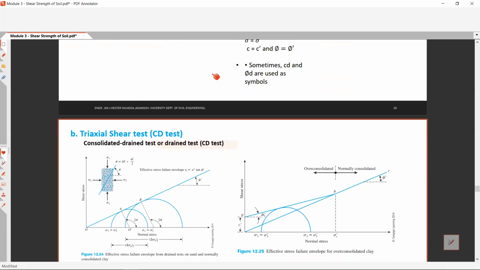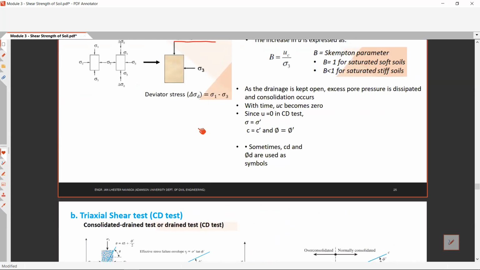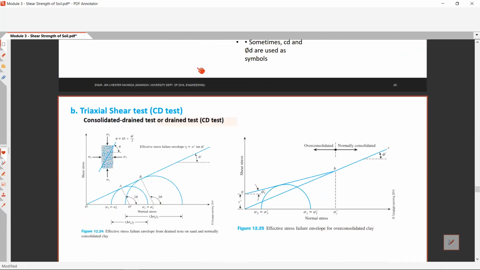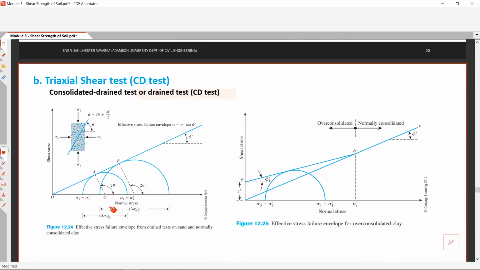Okay. Then the graph of a consolidated drained test or CD test can be written as this one. Then when there is a cohesion value, the graph can look like this. Okay. So you will notice, class, the deviatoric stress delta sigma D is the difference of your sigma 1 and sigma 3.